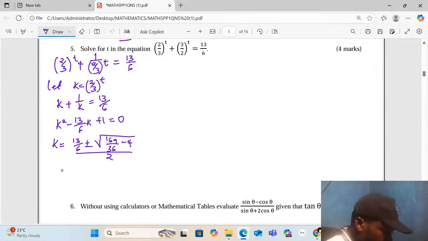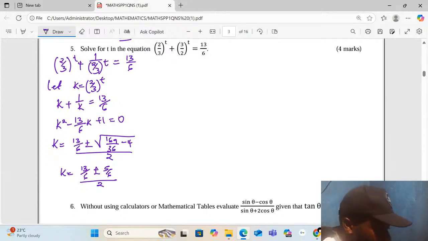So k will be equal to 13 over 6 plus or minus 5 over 6, divided by 2.